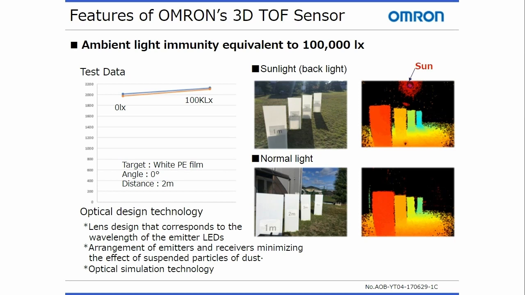You can see from the test data on the left that the B5L has a high measurement accuracy and stability ranging from 0 to 100,000 lux. On the right, you can see test images showing the B5L's ability to detect objects even when facing direct sunlight. Whether the B5L is in direct sunlight or just normal daylight conditions, the sensor can reliably detect the objects within its field of view.